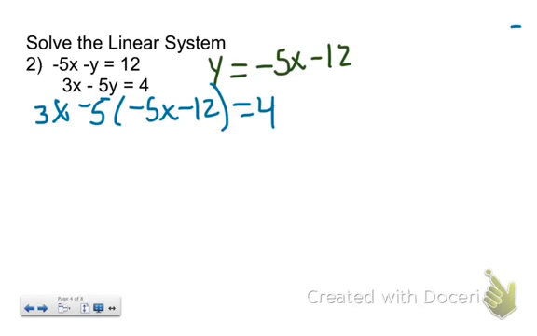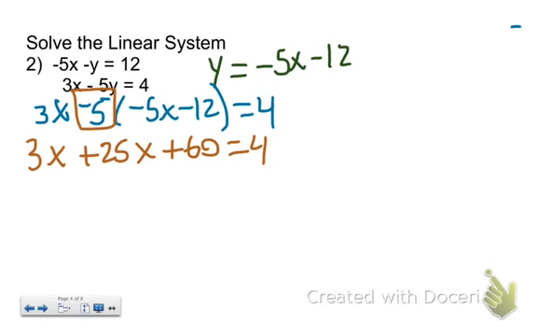So now, since we have all x's, we can solve for x. So the first thing we have to do is distribute that negative 5. And don't forget, that means you need to distribute the whole thing, not just the 5. So 3x, negative 5 times negative 5x becomes plus 25x. Negative 5 times negative 12 becomes plus 60 equals 4.